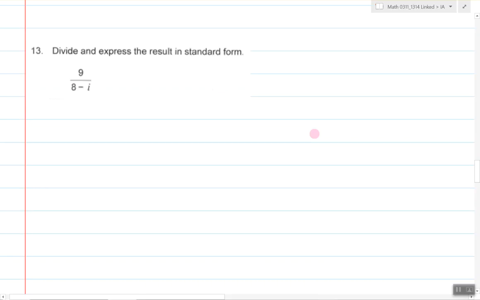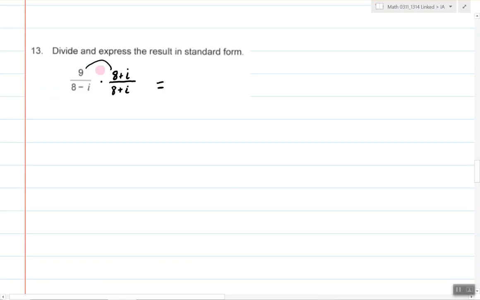Now, when it says divide, remember that i is really the square root of negative 1. So I'm going to rationalize the denominator. I'm going to multiply by the number 1 in a fraction form, 8 plus i over 8 plus i.